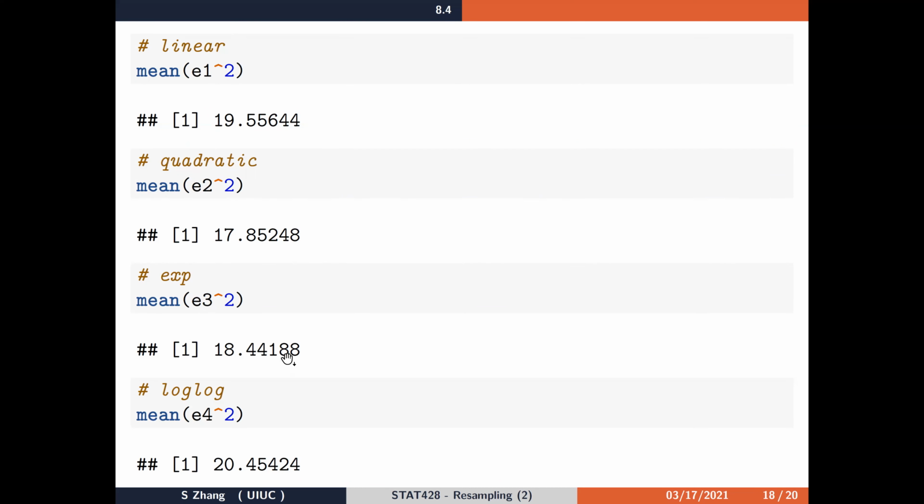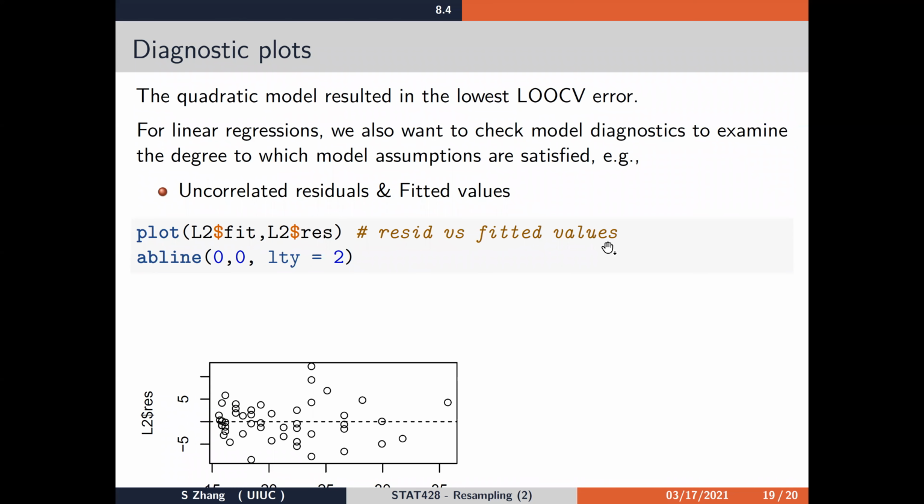And for the other two models, the exponential and the log-log model, the errors were a bit larger than the quadratic case. So based on these results, the quadratic model was preferred using LOCV. In other words, it resulted in the lowest LOCV error.